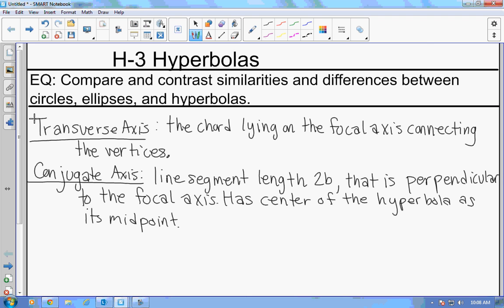The conjugate axis is the line segment of length 2b that's perpendicular to the focal axis.